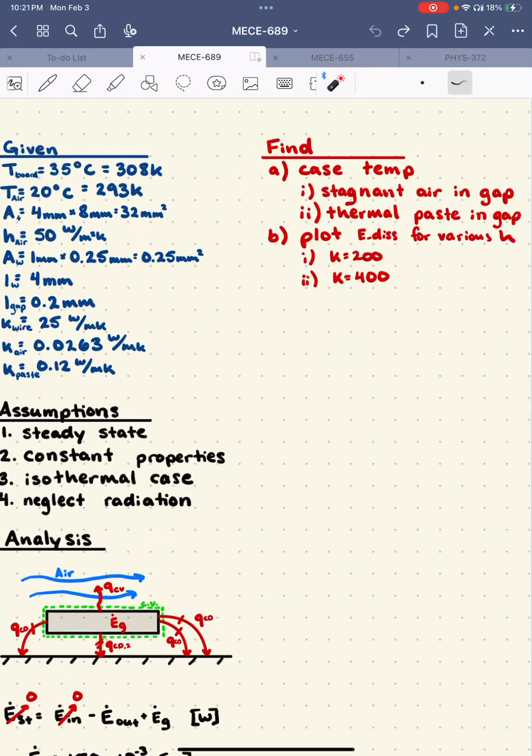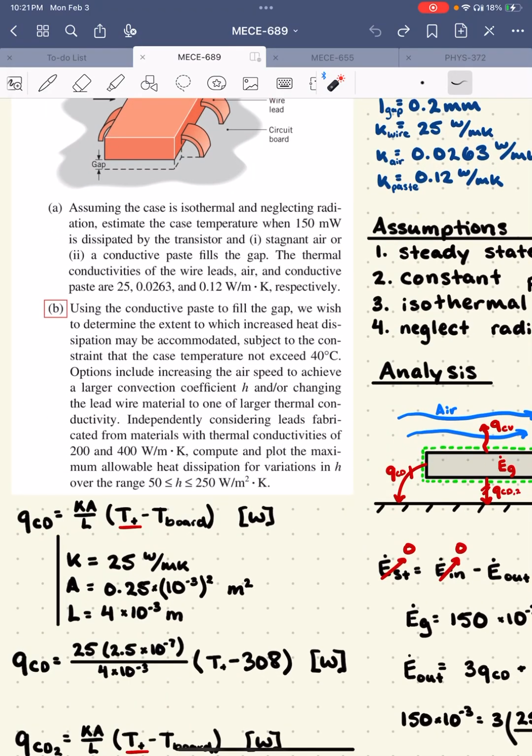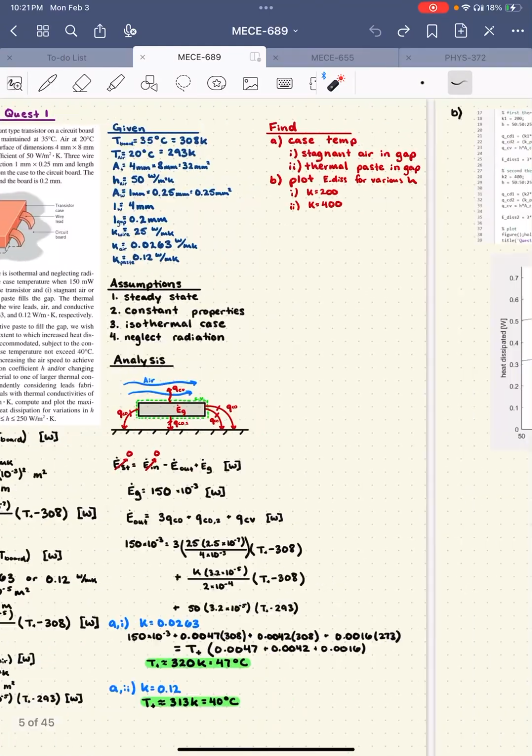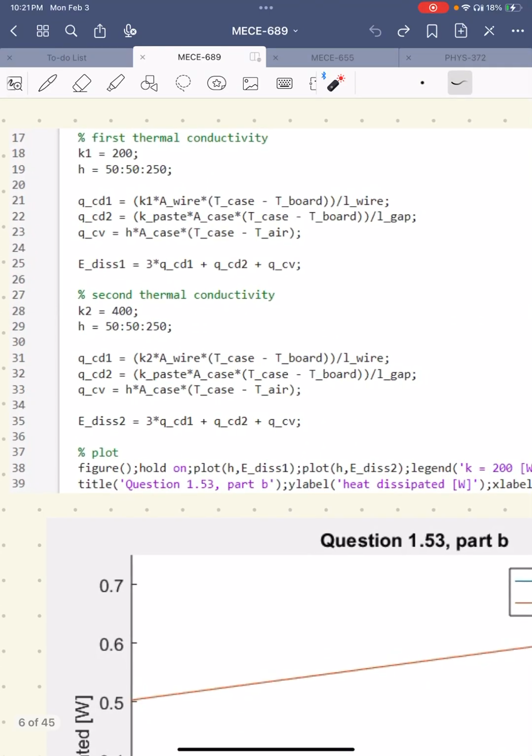Now, the second part of this problem is asking us to plot the energy dissipated for various h values between 50 and 250 watts per meter squared Kelvin. And so what I did was I went into MATLAB and I wrote a little script where I defined what the k was going to be. So I wanted us to do for k equals 1 and k equals 2.